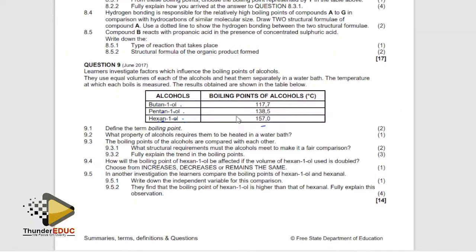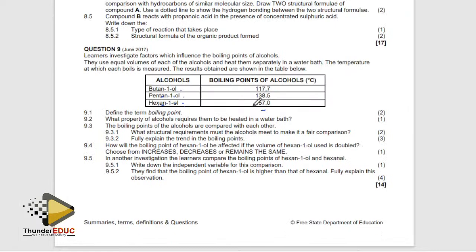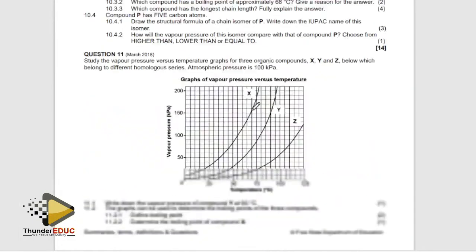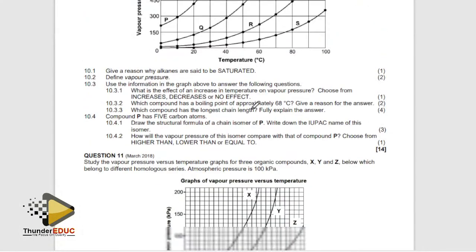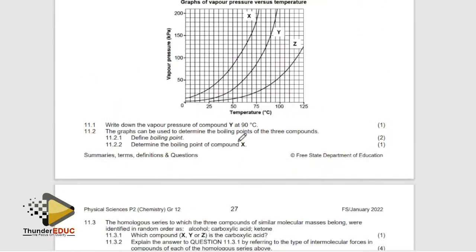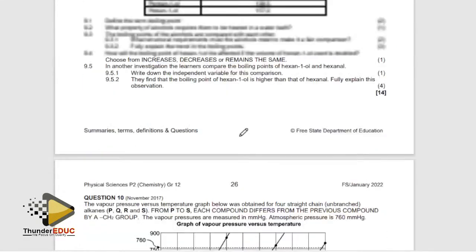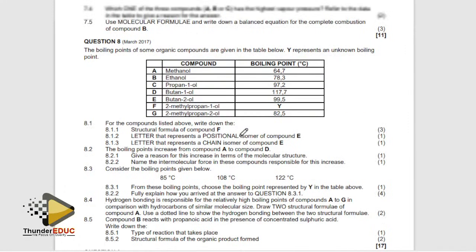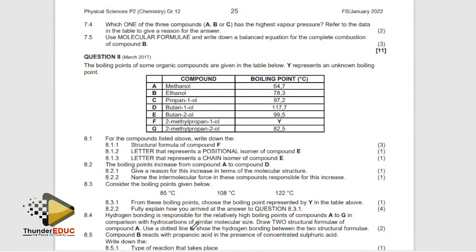Then, if it is a functional group, let me see if there is one with a different functional group. Saturated and unsaturated, okay. Define what's boiling point. Let's look at this. Then this one is methanol. All of them are the same thing, alcohol. But what is different here is still the number of carbon atoms.